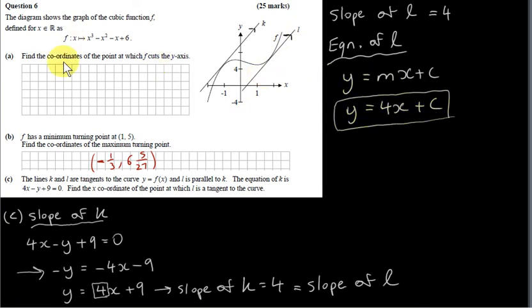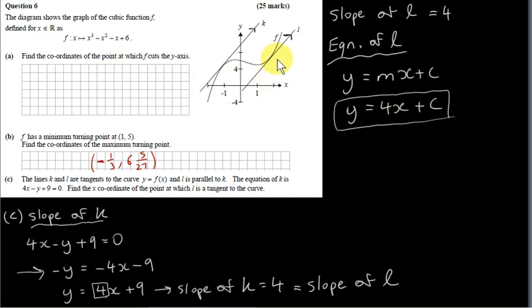Actually, any line with a slope of 4 has this equation. So any line parallel to L has a slope of 4. So this equation here could stand for any line that's parallel to L. All these lines that I've drawn have slopes of 4. c is actually where they cross the y-axis, but that's not too important here. We just have to work with this unknown c.